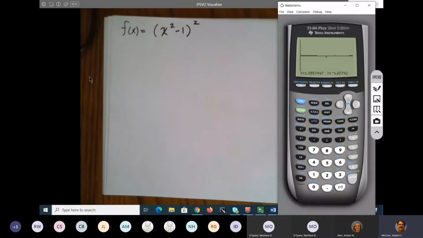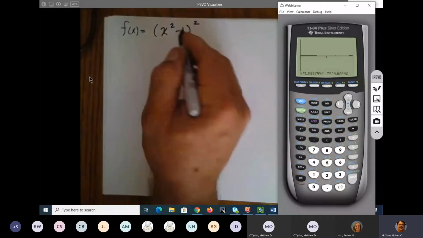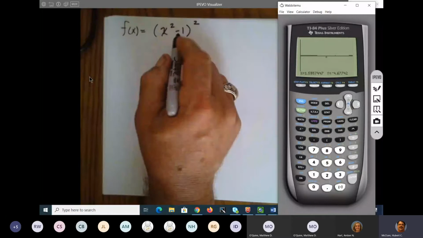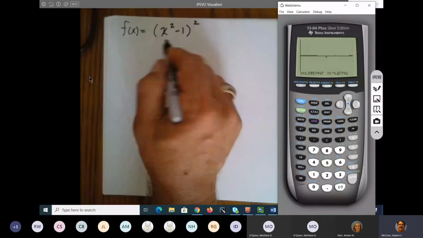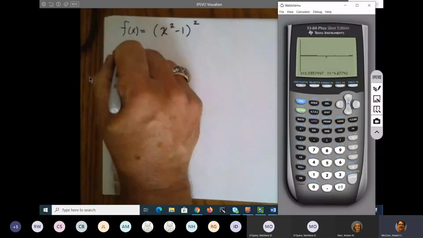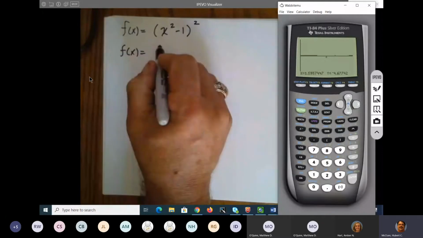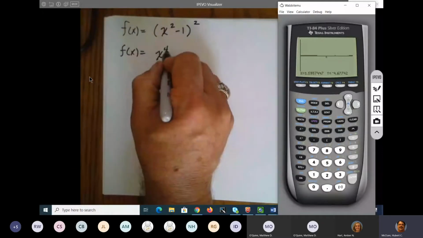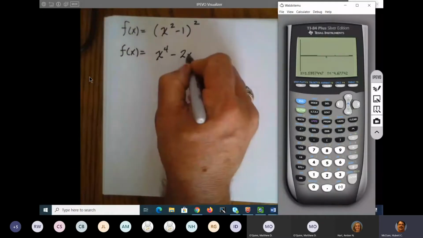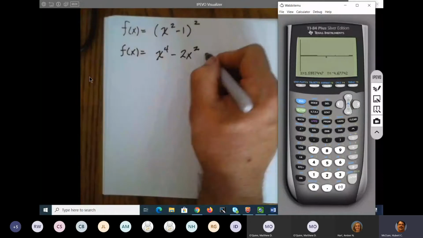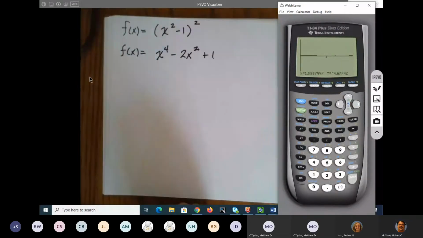All right. So if you broke this out, that would be a minus b quantity squared. You could rewrite it: f of x equals x to the 4th minus 2x squared plus 1. Okay, you could do that, and that's the algebra.